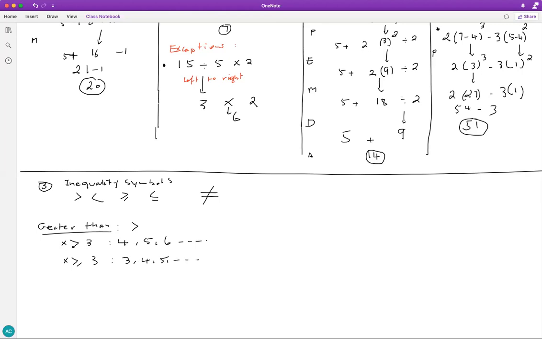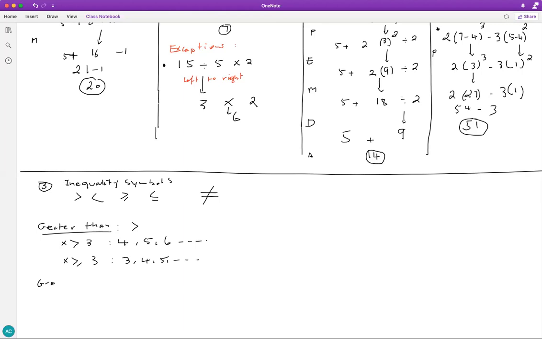So that's basically the difference between that symbol and that letter symbol. That letter thing means or equal to, which means you can start from that number itself. This one means do not start from this number, jump to the next one. So greater than, and also this one is greater than or equal to.